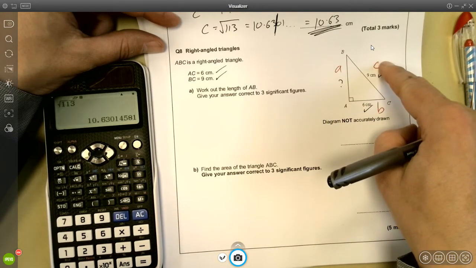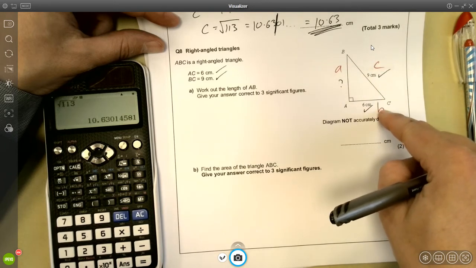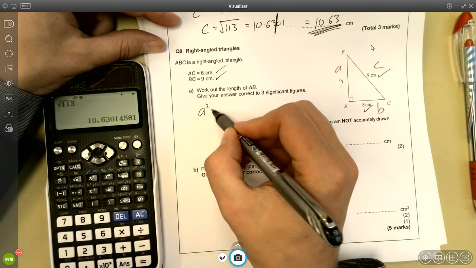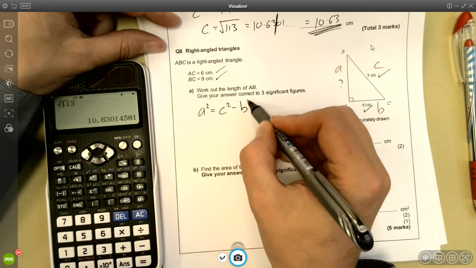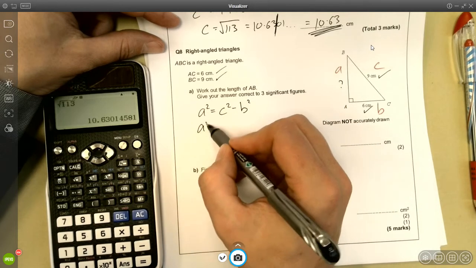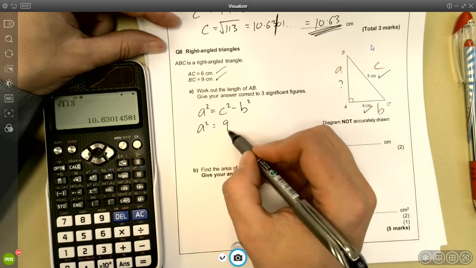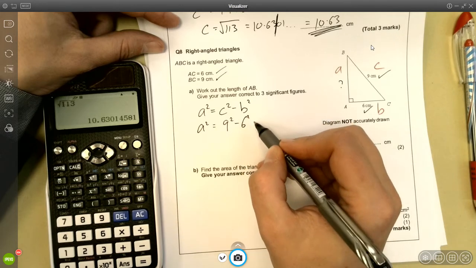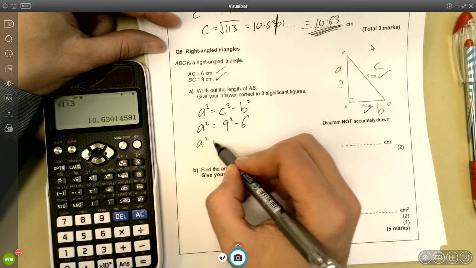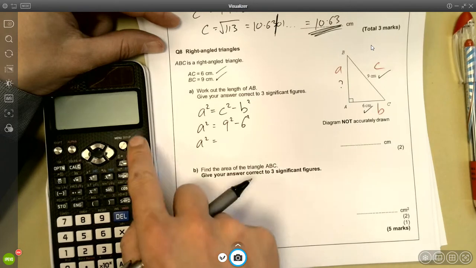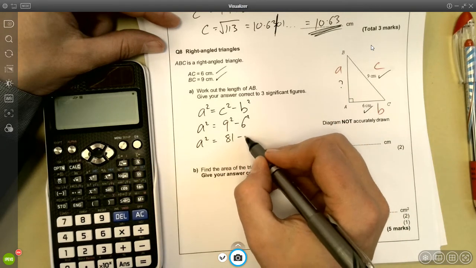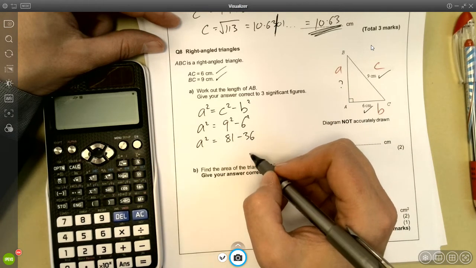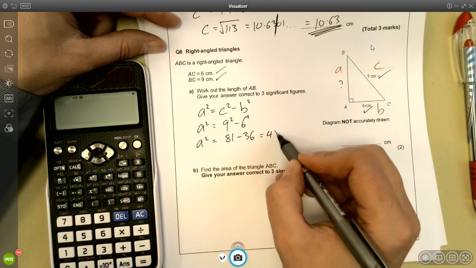It must be the longest side squared take away a shorter side squared. So A squared is C squared minus B squared. A squared is 9 squared take away 6 squared. So 9 squared is 81, 6 squared is 36. When you subtract those, you get 45.